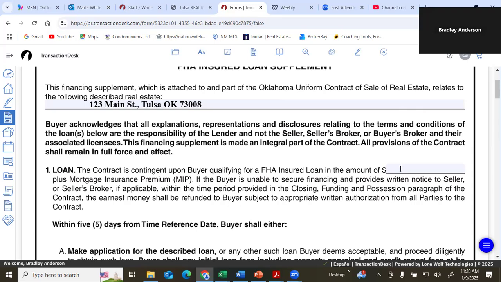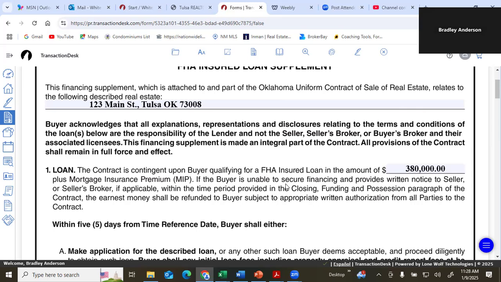If the typical FHA loan, they're putting down, let's just say 5%, their loan amount would be $380,000. So that's not the purchase price. That's the loan amount.